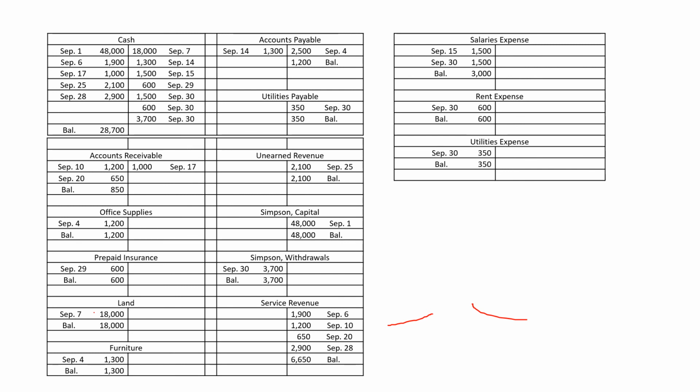Credit side of service revenue, $2,900. The 29th, debit side of prepaid insurance, $600. Credit side of cash, $600. The next journal entry, debit side of salary expense, $1,500 on the 30th. Credit side of cash, $1,500 on the 30th.